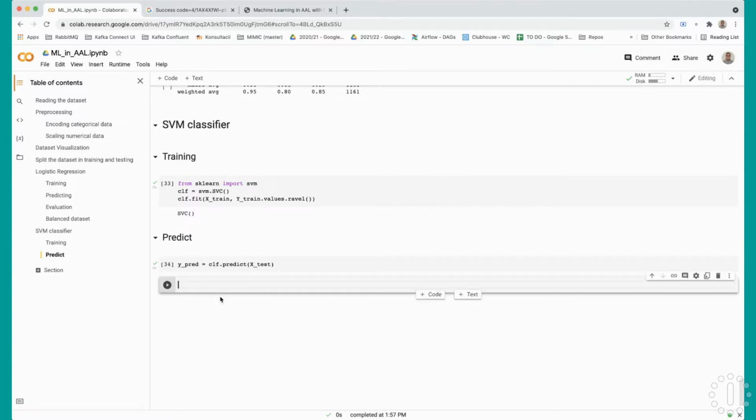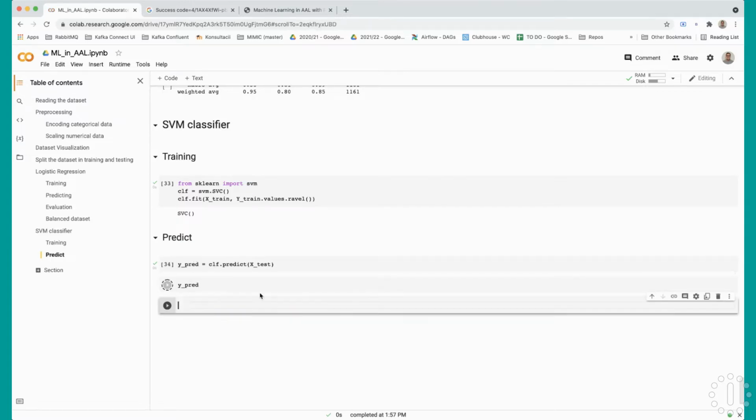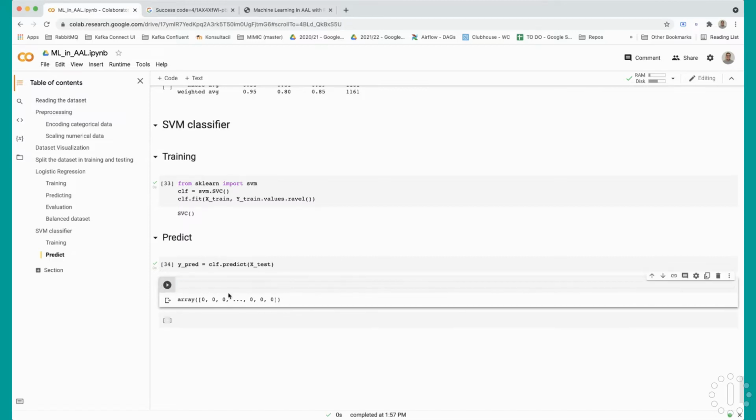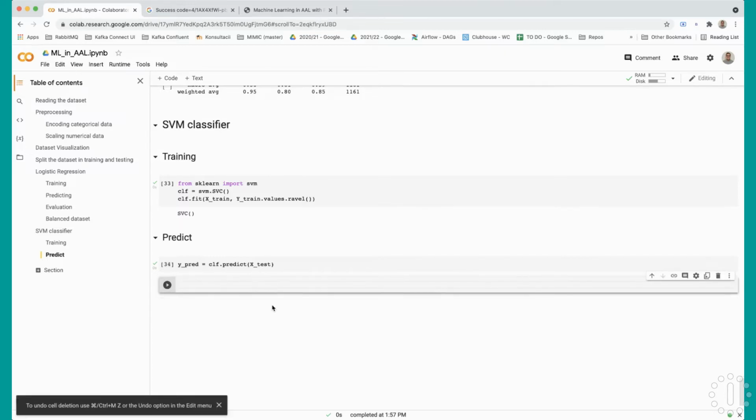These are the predicted values. So for example, if we print them, we'll see them as they are. After having the predicted values, just like in the previous algorithm, the next step in this whole process is to evaluate the results of the prediction.